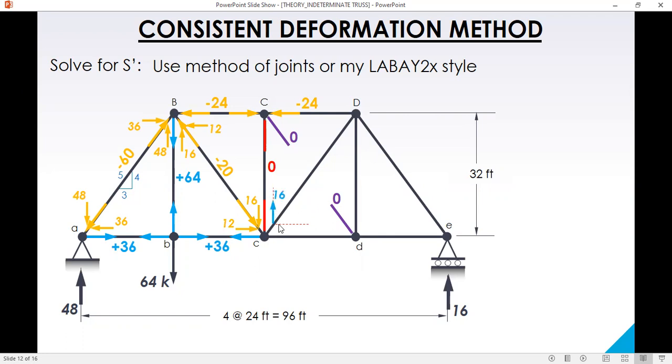And then horizontal component, check. 16 vertical, 12 horizontal. And for CD, check horizontal forces. 36 left, 12 right, 12 right. We lack 12 right.